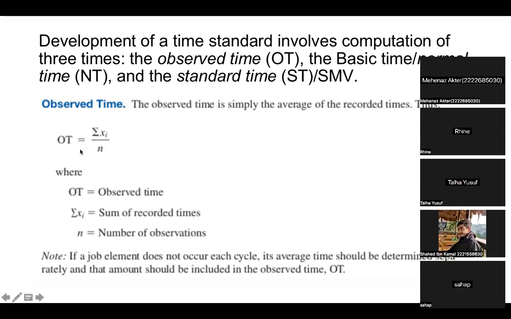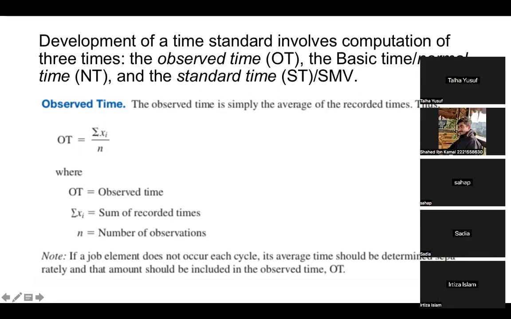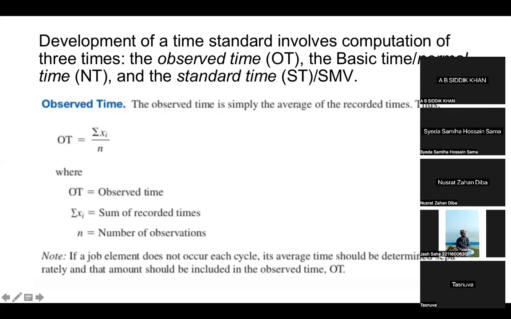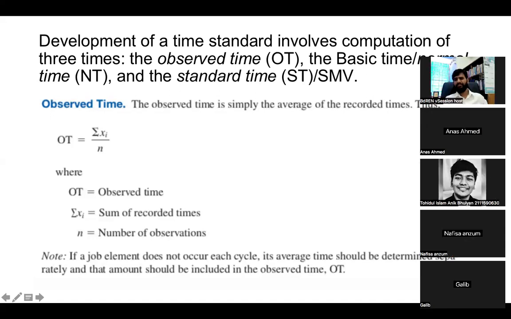Mr. Galib, can you tell me how many times you will observe the job? How will you determine it? No, sir. Are you sleeping? Or still in sleeping mode? No, sir, not sleeping. So you don't know how to calculate n. Who can tell me? Samia.